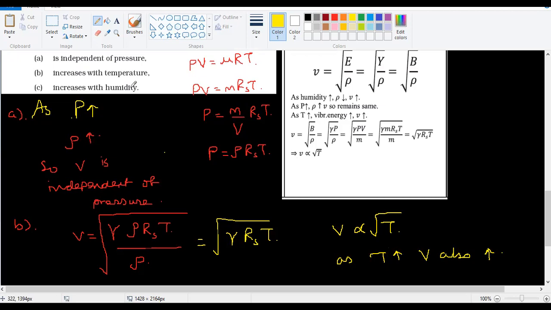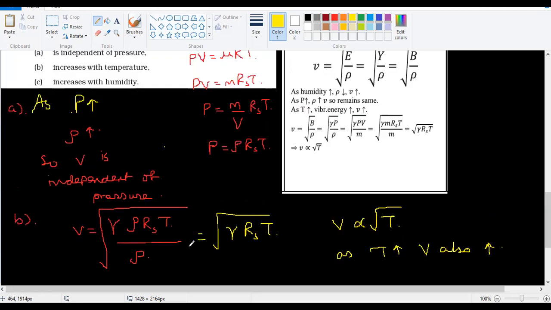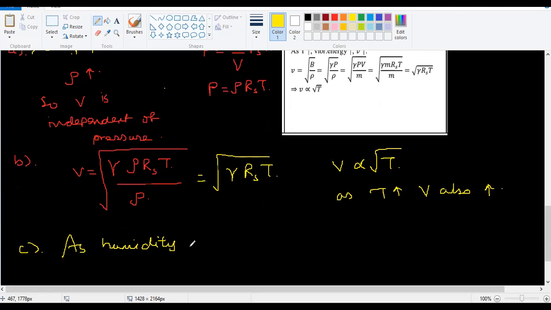Okay. Increases with humidity. We don't have many formulas for humidity, but what I can simply say is this is more like a qualitative explanation. So what we can say is, as humidity increases, some of the oxygen and nitrogen molecules will be replaced with water molecules.